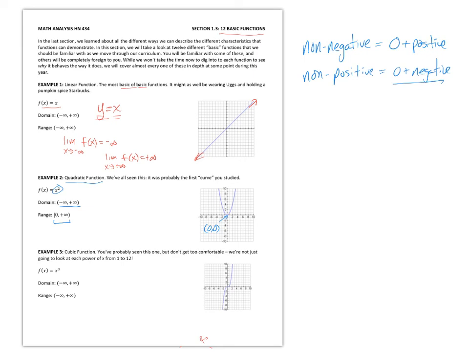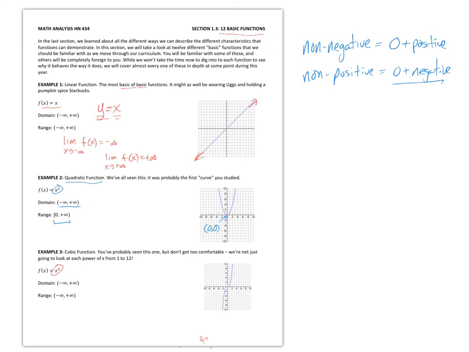So then we go to the cubic function. And the cubic function doesn't look a whole lot different than the linear function, except it's got a curve to it. Again, I think I mentioned in class that if I were to come up with my own list of 12 basic functions, I probably would not include x cubed because it's just not very different from x.